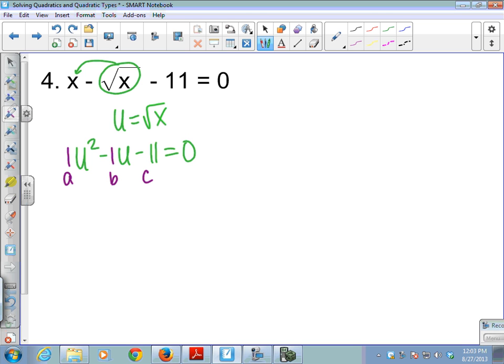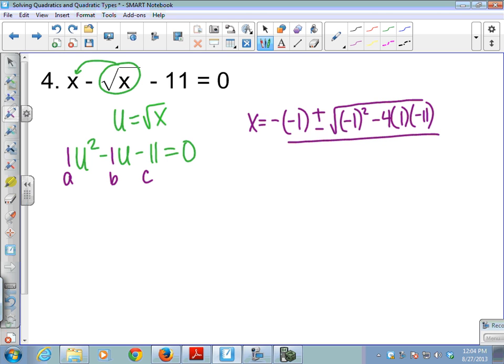So when I plug these into the quadratic formula, I'm going to have x equals negative b, so negative a negative 1, plus or minus the square root of negative 1 squared minus 4 times a times c, all over 2 times 1. So I'm going to go ahead and simplify.